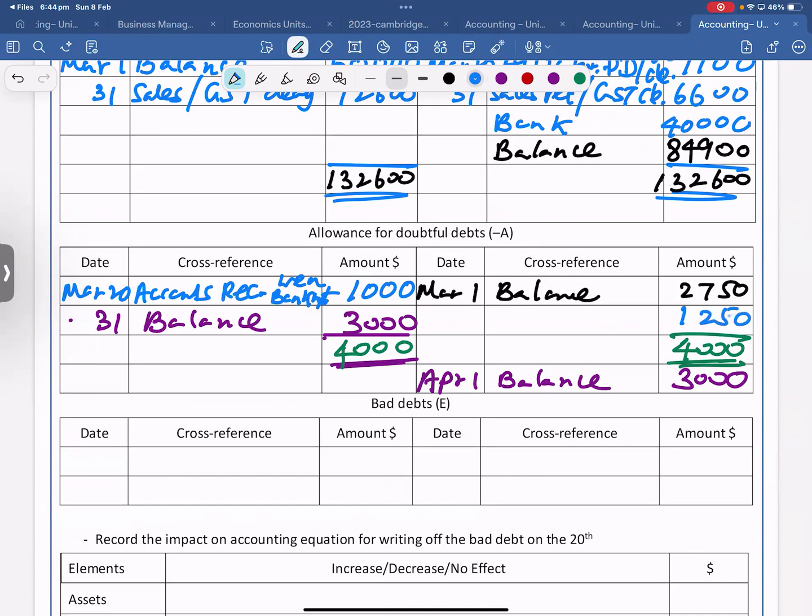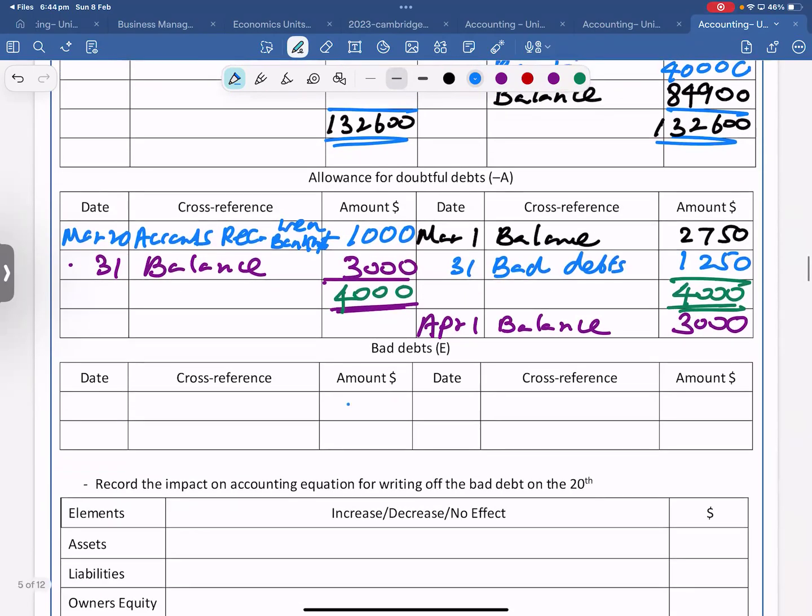What happens to that 1,250? Bad debt. You credit here 31st and you debit in the bad debts. So then this 2,750 will become the expenses. You are sending it to the P&L summary.